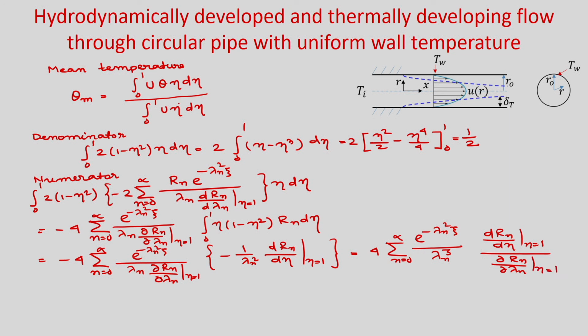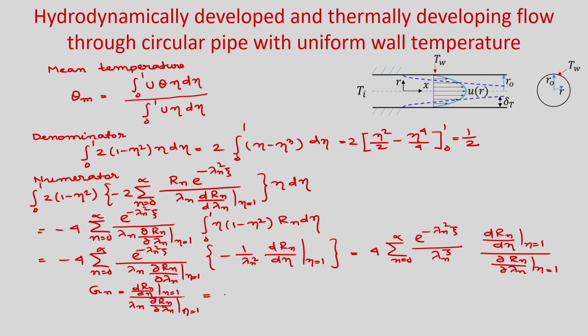So, now you can find the theta m. So, what we will do, we will now define another constant g n as d r n by d eta at eta is equal to 1 divided by lambda n del r n by del lambda n at eta is equal to 1.